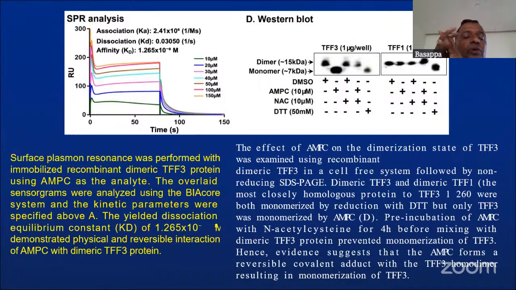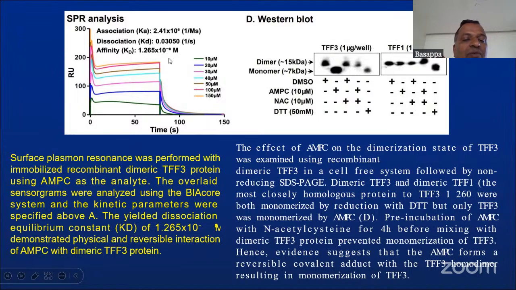In validating how these AMPC could bind to trefoil factor 3, surface plasmon resonance was performed, where a higher binding response unit has been observed over time, in the first 60 minutes, which was found to be association and then a dissociation, where the ligand will be there.